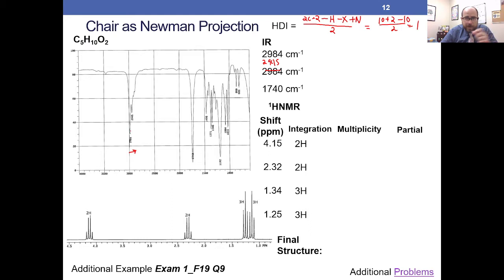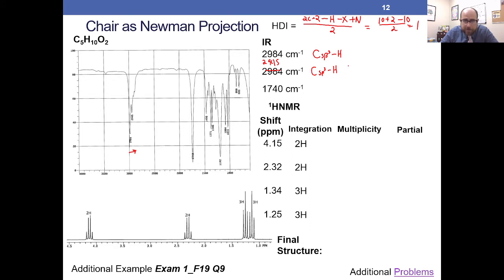If we're below 3000 in that hydrogen region, we have a carbon-hydrogen stretch in which the carbon is sp3 hybridized. Again, that's important. Ultimately, we likely don't have a carbon-carbon double bond that has a carbon-hydrogen attached to it.